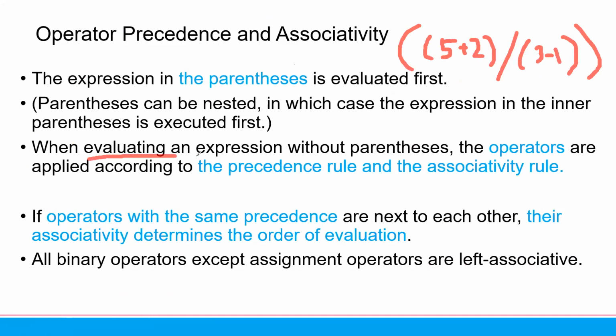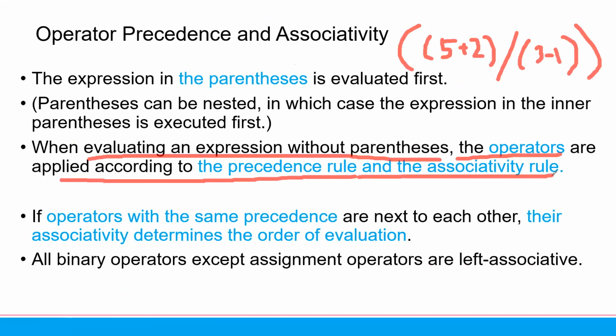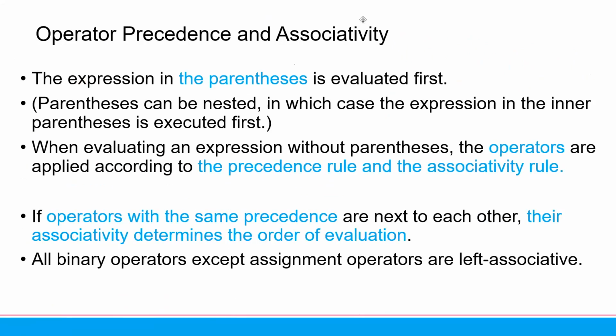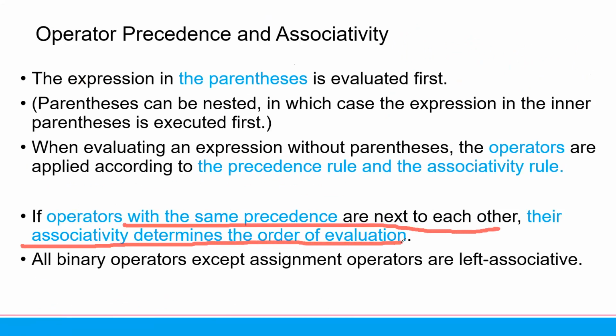So when evaluating an expression without parenthesis, the operators are applied according to the precedence rule and the associativity rule. So this precedence rule and the associativity rule is from this one. So this is the first, second, third, and so on. If the operators with the same precedence are next to each other, then their associativity determines the order of evaluation.